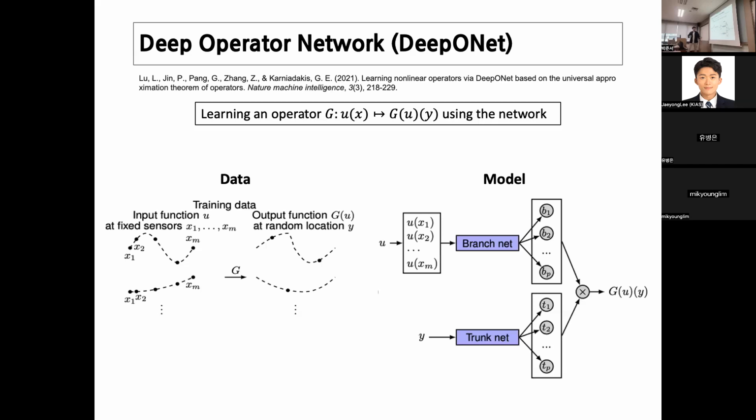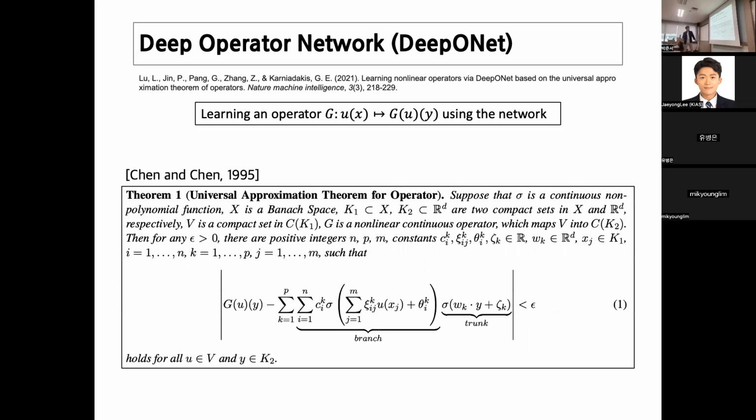So naturally, we have a question: why do they use this network structure to approximate this operator? They said that they use a deep neural network version of this theorem, which is from 1995 by Chen and Chen. Chen and Chen proposed the universal approximation theorem for operators as follows.